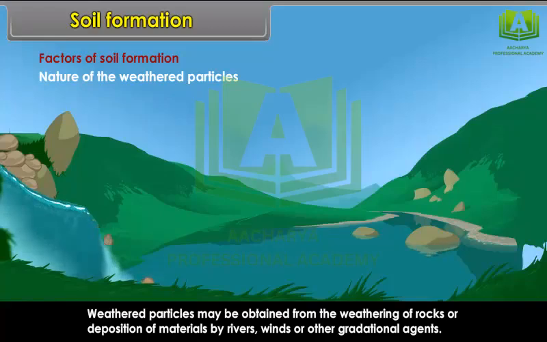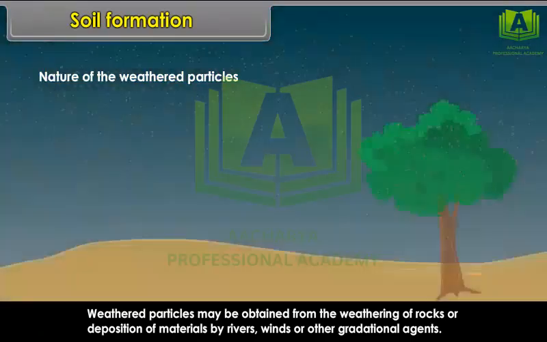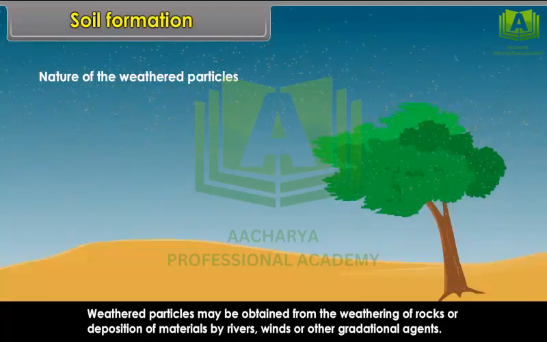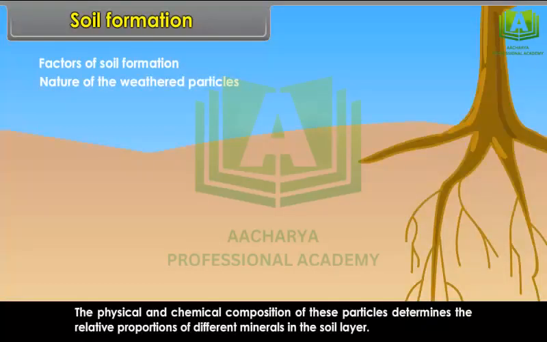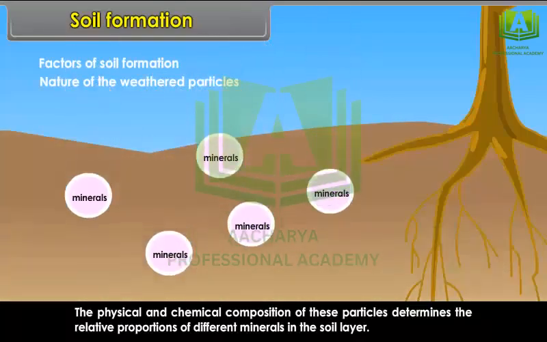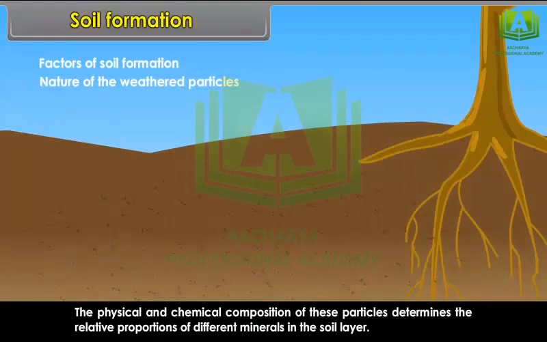Weathered particles may be obtained from the weathering of rocks or deposition of materials by rivers, winds, or other gradational agents. The physical and chemical composition of these particles determines the relative proportions of different minerals in the soil layer.